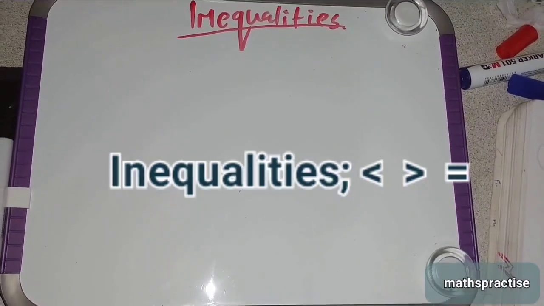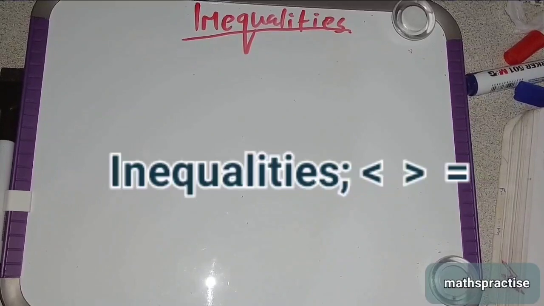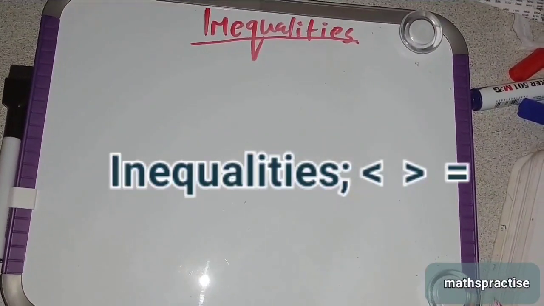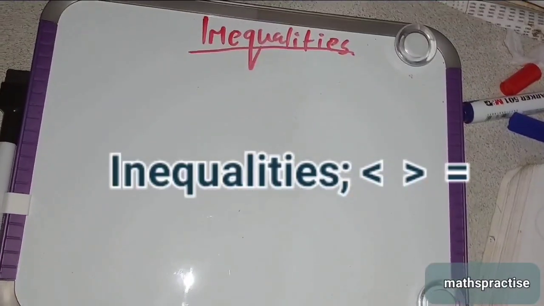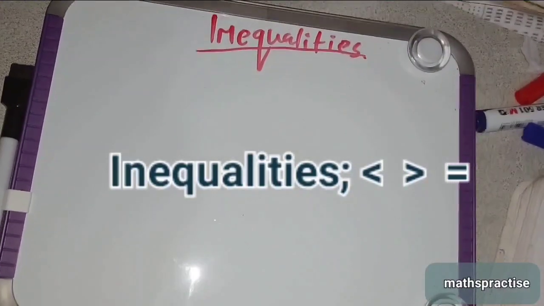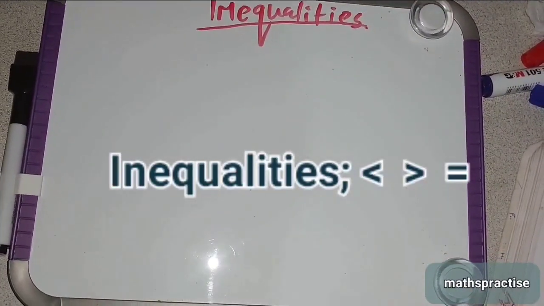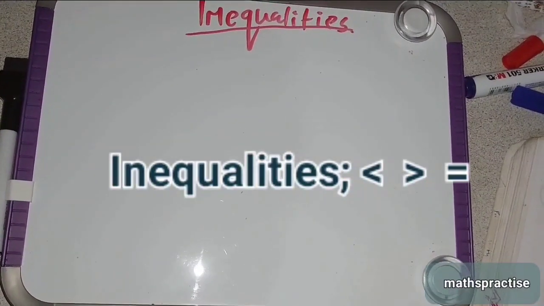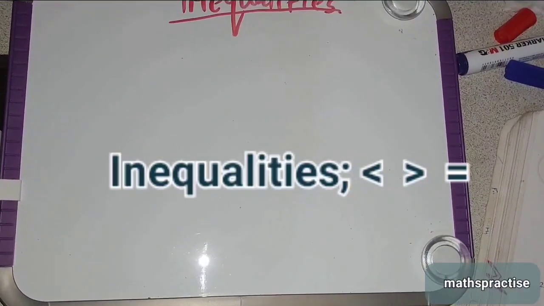So in today's video, we want to look at two things: solving a linear inequality containing two inequalities to give us a range of values, and the second thing is to illustrate an inequality on a number line.